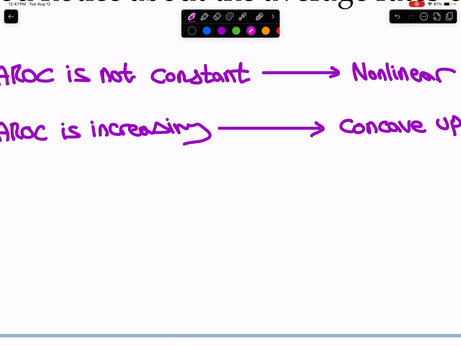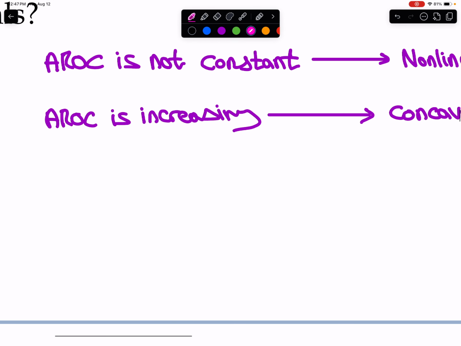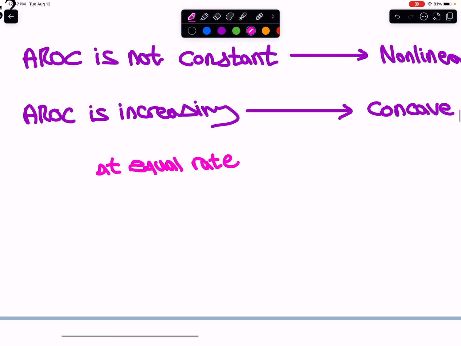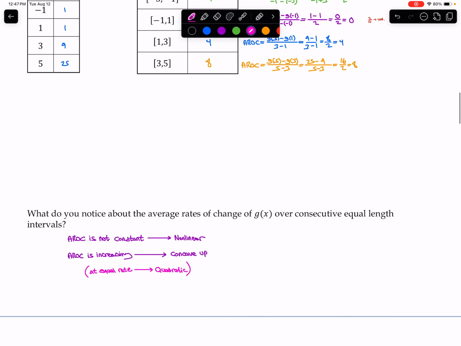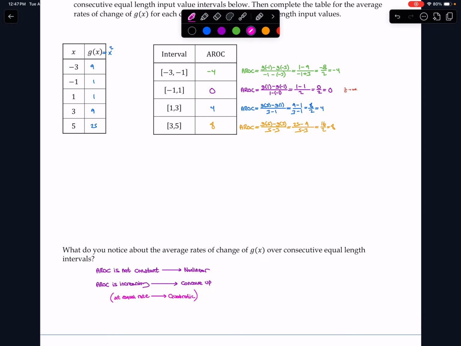And then as an addendum to this, if it's increasing at an equal rate, then more specifically, that would mean it's quadratic. So that's what you want to notice about this previous problem.